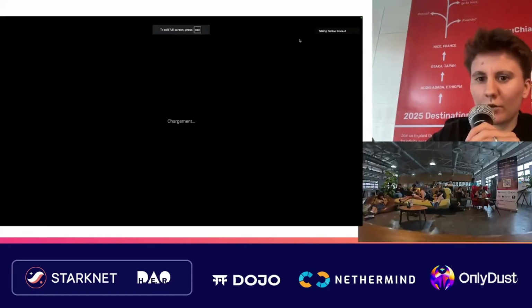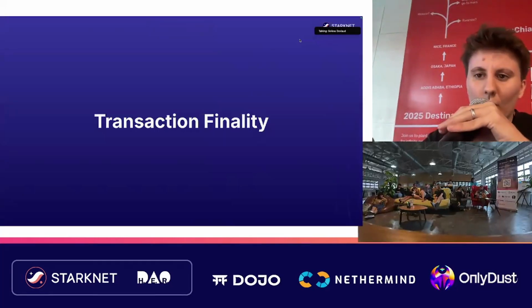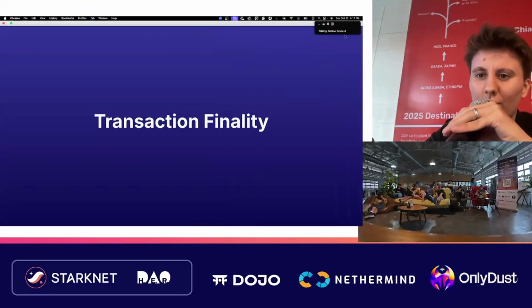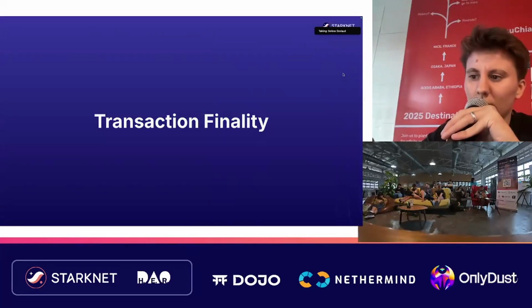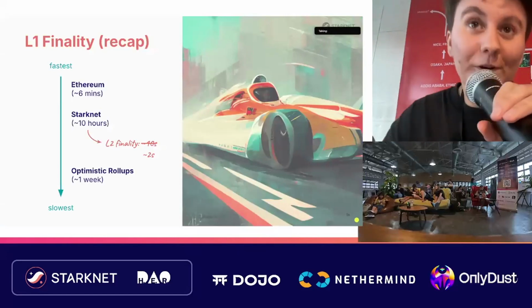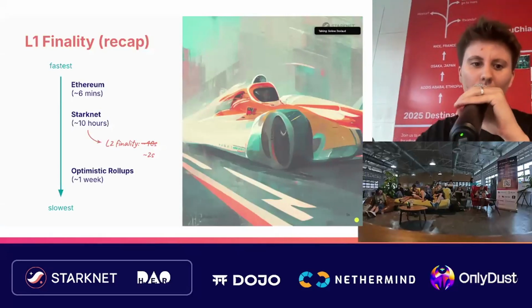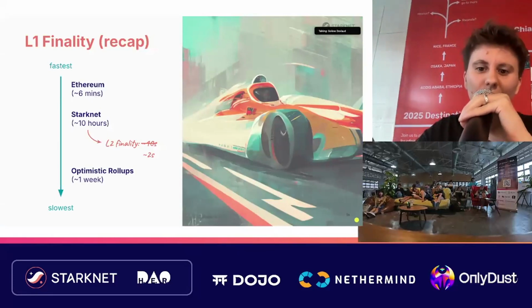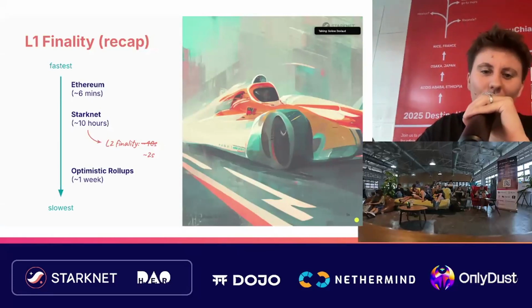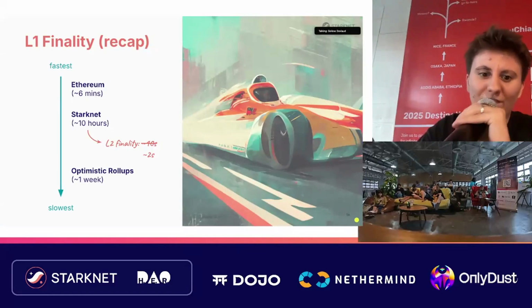Right now, we're gonna talk about transaction finality. On Starknet, the transaction finality is really fast. Charlotte already talked about it. Just for a recap, you can see that on Ethereum, the finality for the transaction is 6 minutes. On Starknet, it is 10 hours, but behind that, you don't have to pay a lot of fees.